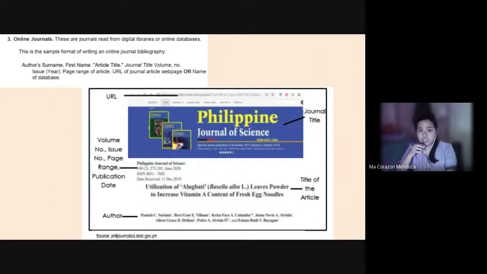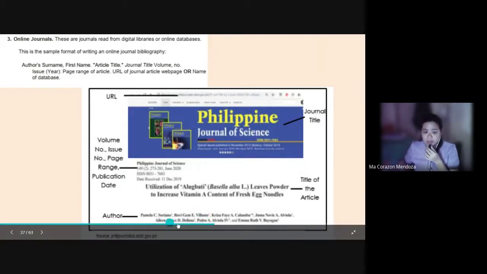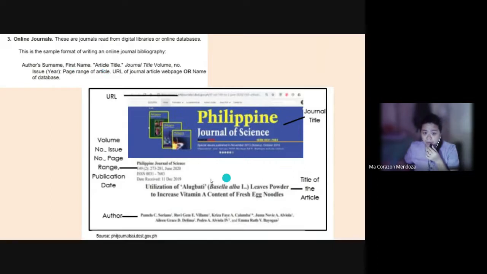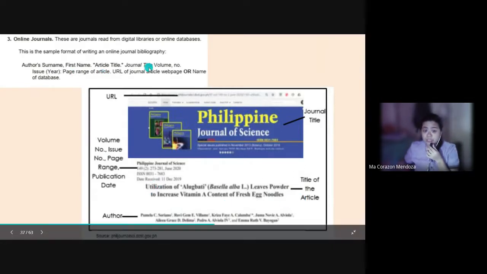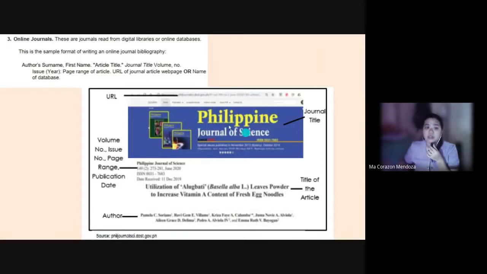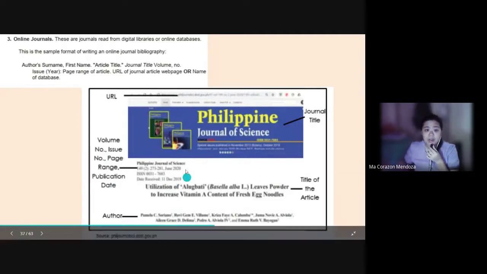Next, we have online journals. These are journals read from digital libraries or online databases. This is the sample format: author's surname and first name. There are lots of authors here. And then article title, journal title, volume number, issue year, page range.